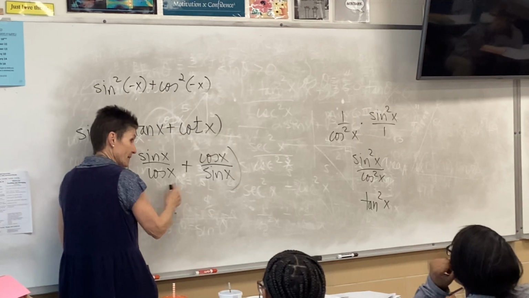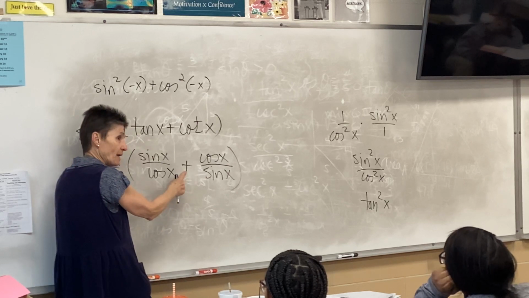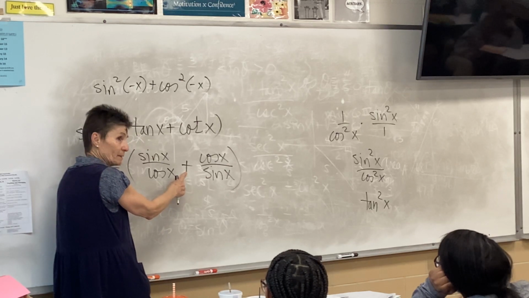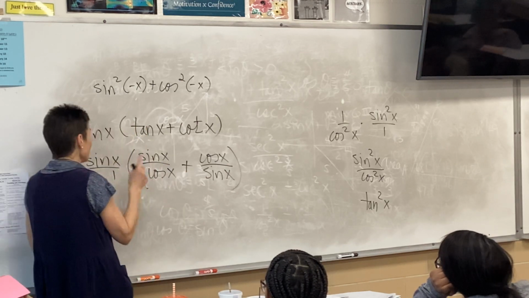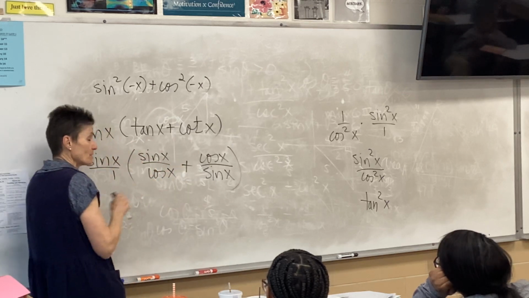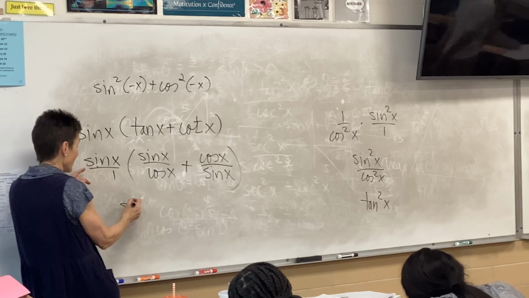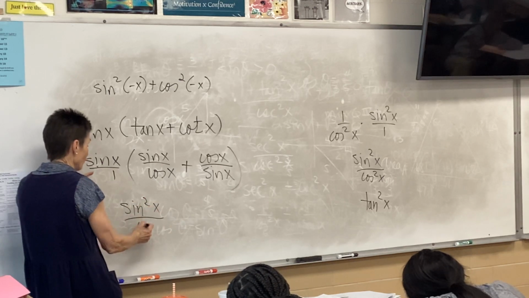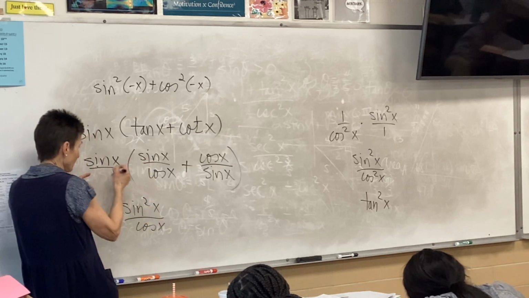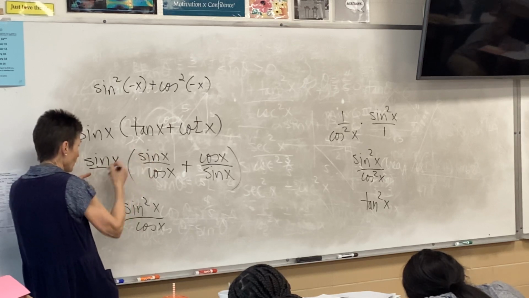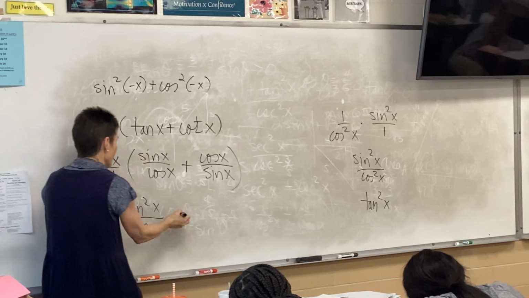Nothing's going to cancel, kids. It's only going to cancel if that is a multiplication. It's not. If somebody said, can we distribute? The answer is absolutely yes. So take sine times this, so we get sine squared over cosine.